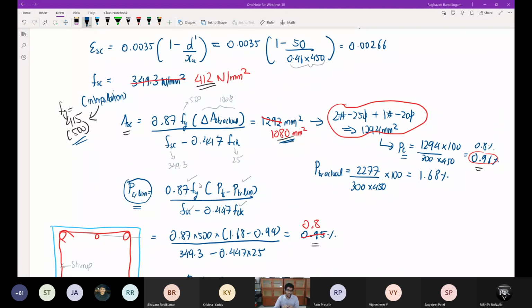I told you I made a correction for FSC. Yes, sir, after the correction only. So here it is 412. Oh, you are getting 0.95. PC limit is 0.95 even after making the correction.